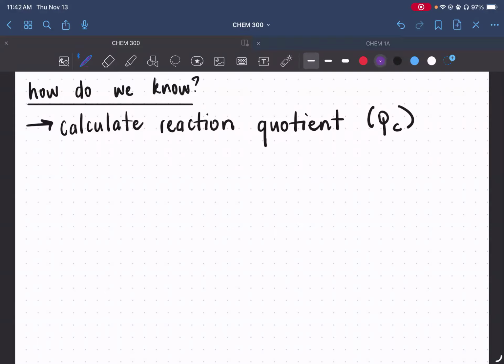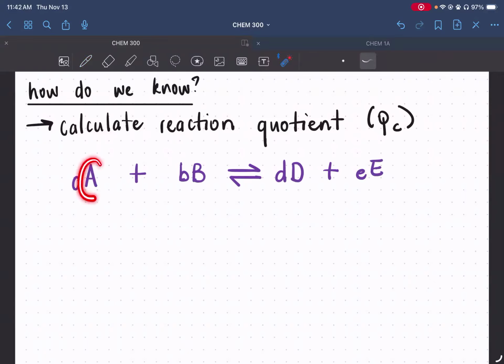To calculate the reaction quotient, we must first need a fully balanced equation, here generically shown as A plus B gives us D plus E, where the capital letters are meant to represent the chemical compounds, and the lowercase letters are meant to represent their stoichiometry. There's those big numbers in front.